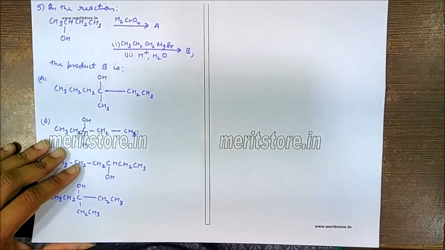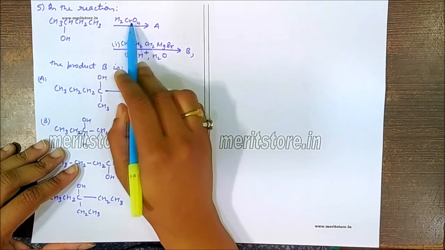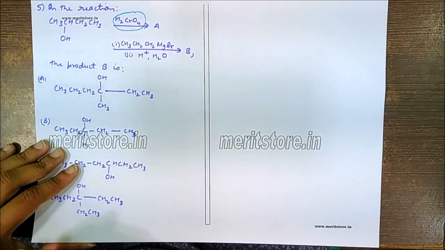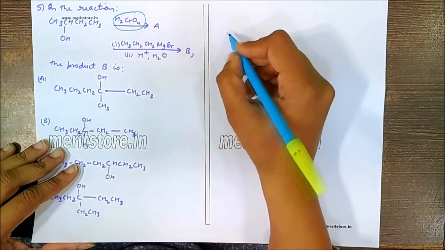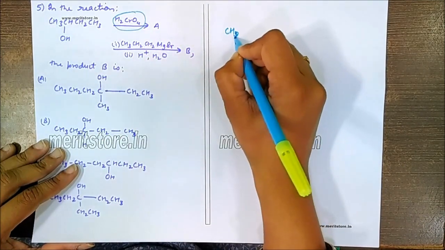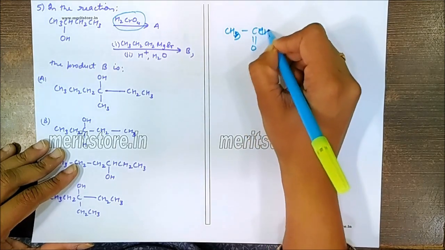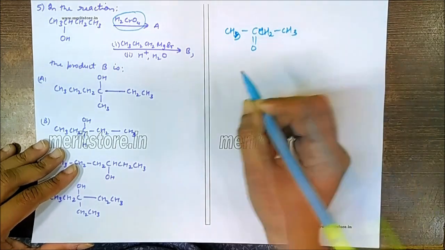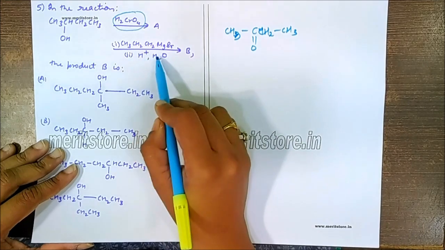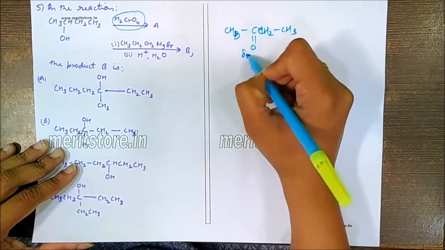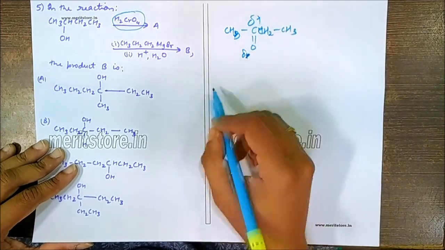In the following reaction, if you allow this to react with H2CrO4, this is kind of like an oxidizing agent. If you allow this to react with oxidizing agent, we will expect to get a ketone, because this is a secondary alcohol. Now if I allow this further to react with the Grignard reagent, then this is positive, this is negative and this is positive.